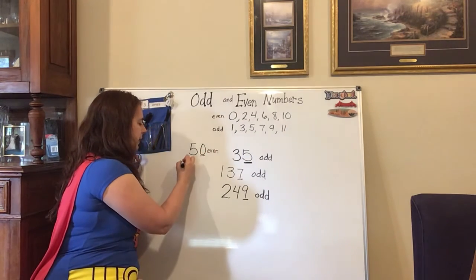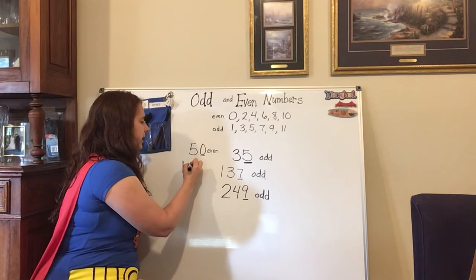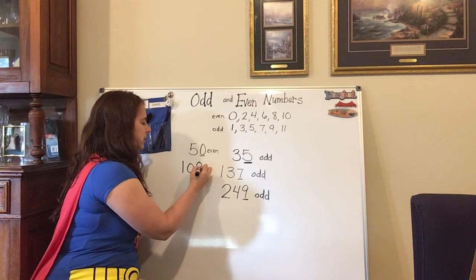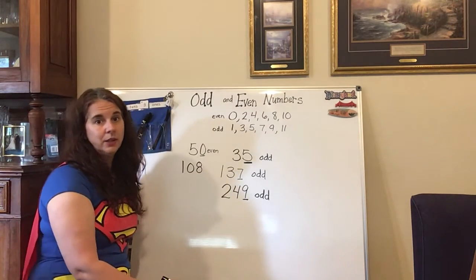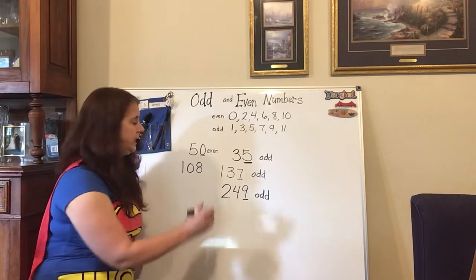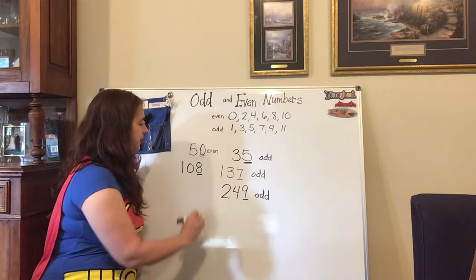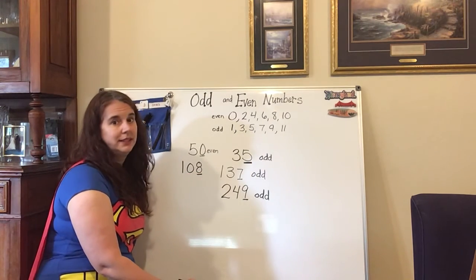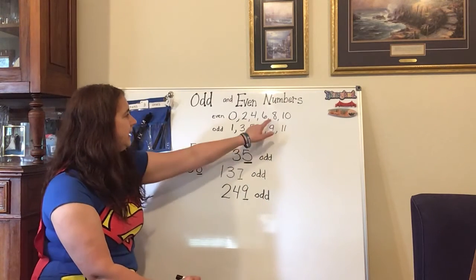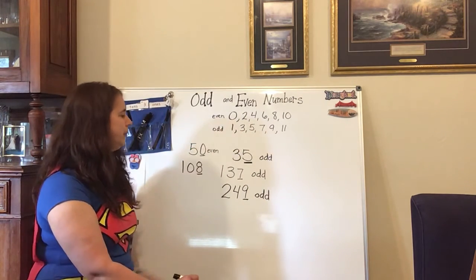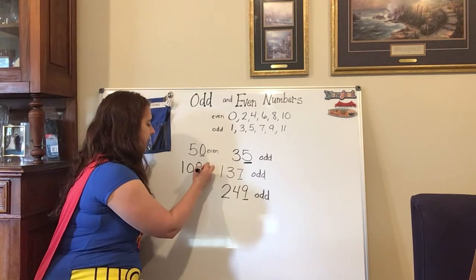What happens if we had 108? What is that going to be? Well, again, we have to look in our ones place. The 8 is in our ones place. So what is 8? It's an even number because remember 8 has a buddy. 8 is up here. Even number has a buddy. So again, even.